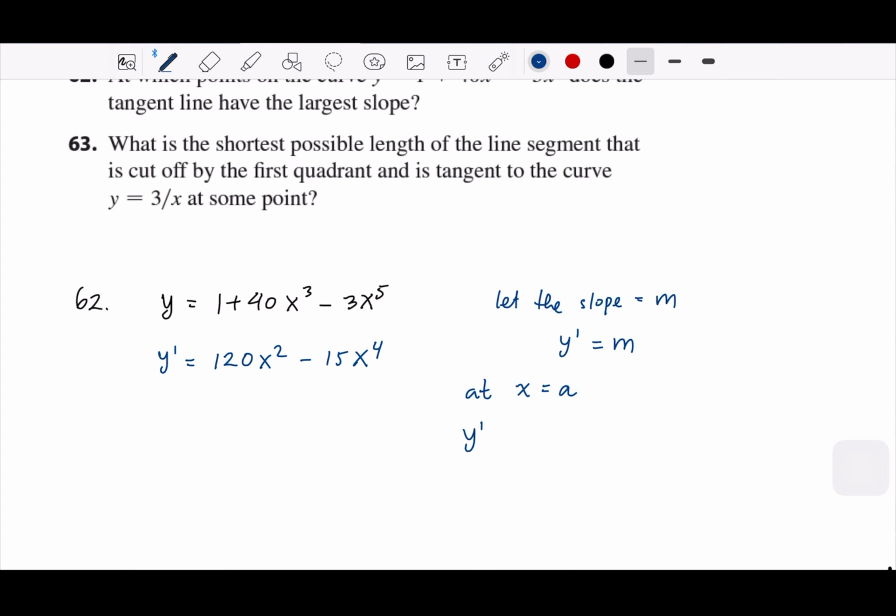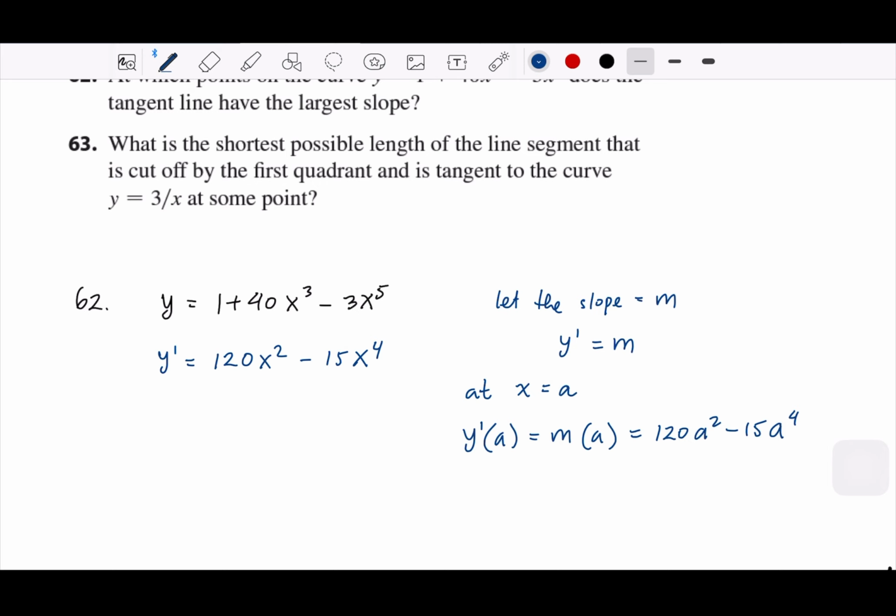Then our y prime of a, or we call this m of a, is equal to 120a squared minus 15a to the fourth. Okay, now, before we get confused about how the process works.